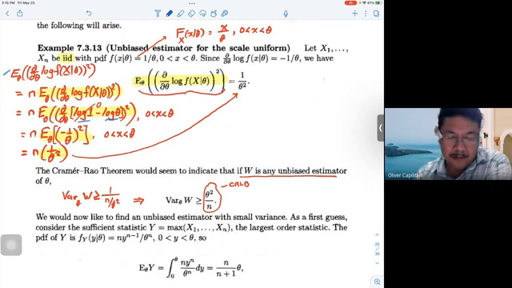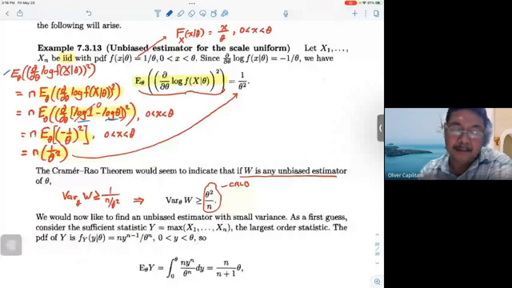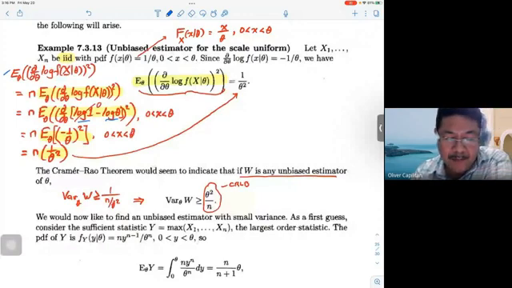I forgot. You're going to apply first the derivative before the square. I thought the square was inside. Okay, so we have that. So you take the derivative of the negative log of theta. So we have the negative of 1 over theta, times 1. And then we square that one, so we have that result.